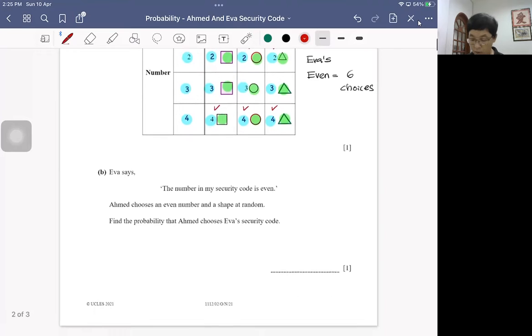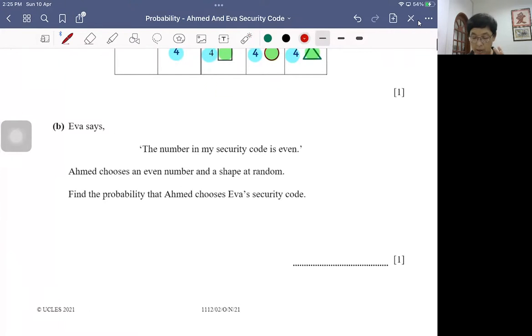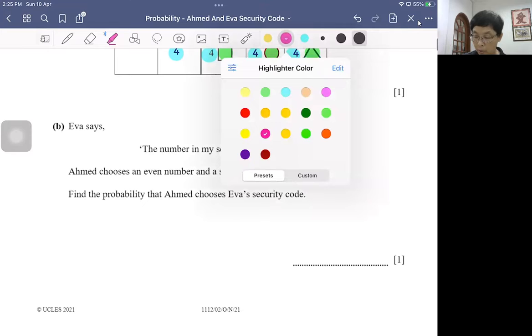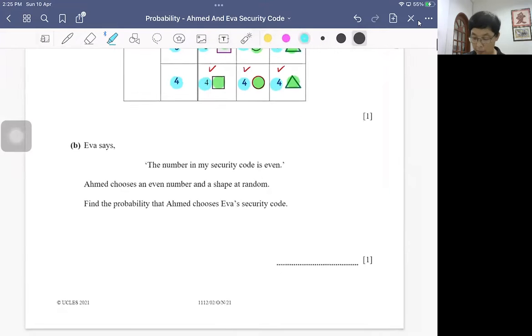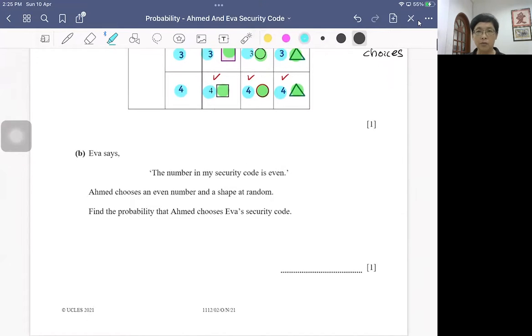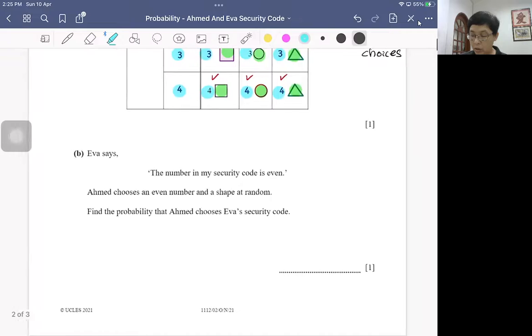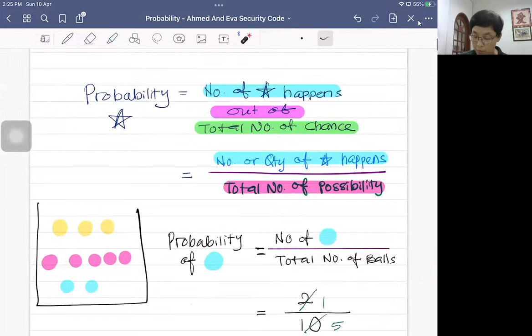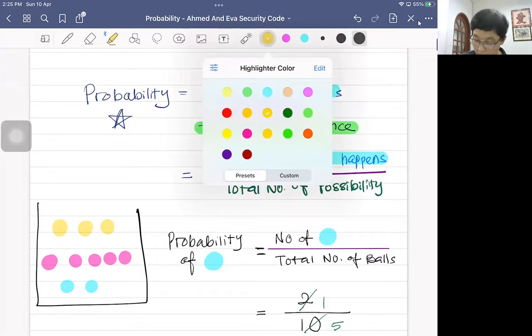Okay, now let's read what the instruction was. The probability that Ahmed chooses Eva's security code. Let's put in the number which tallies with the number that we colored just now. Okay, the total number available. What is the total number available? I'm going to put it consistently with the green ink.